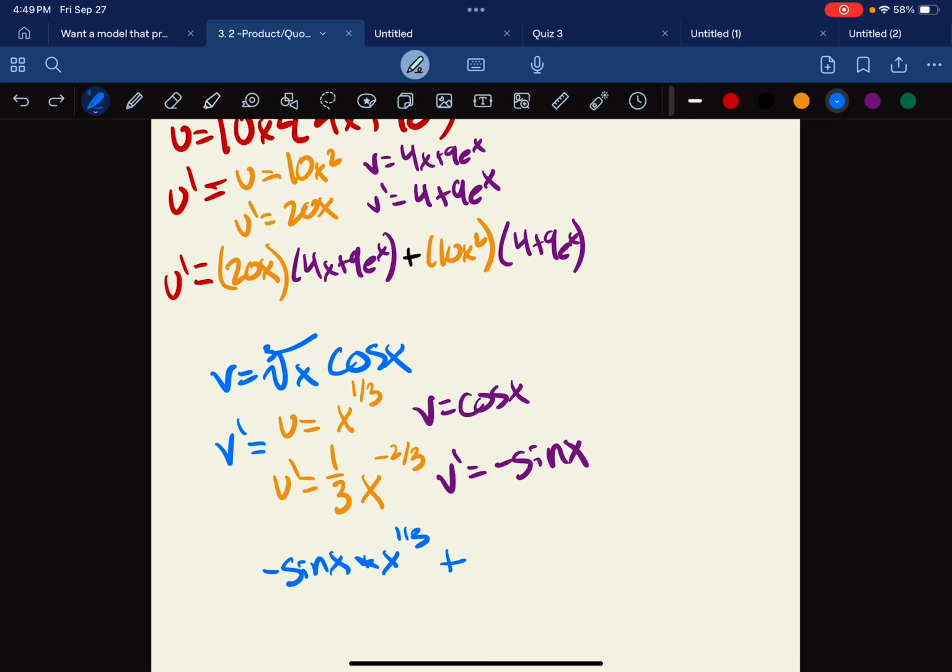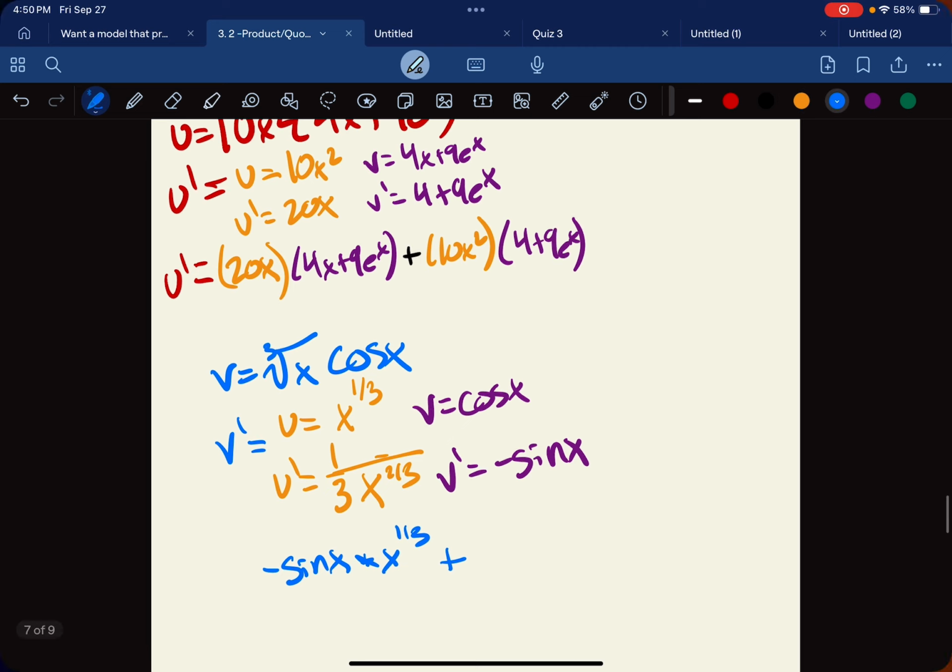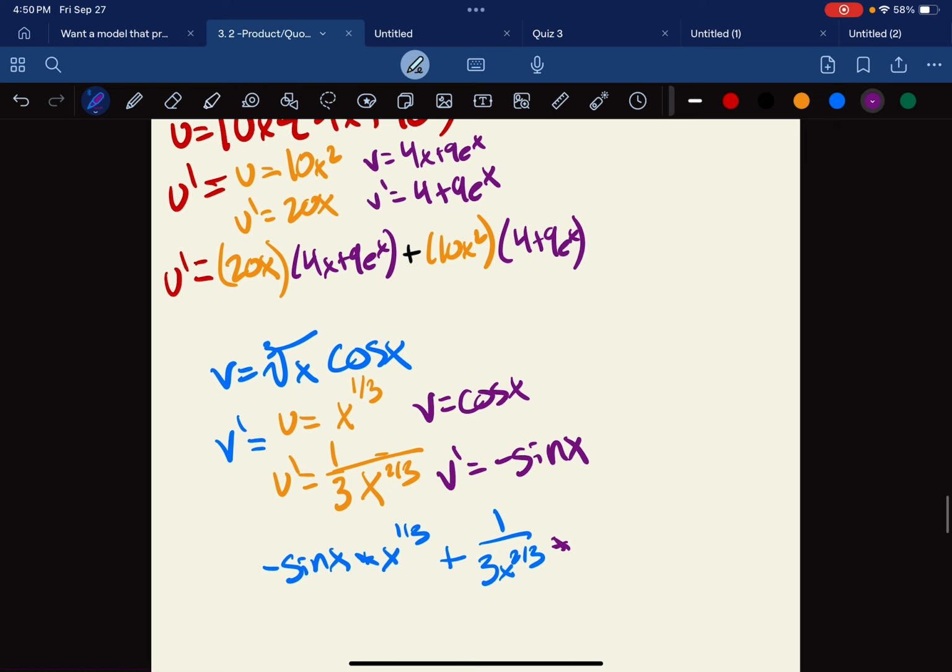And just take the negative exponent away. So if we extend this denominator like this, we have that. So plus 1/3 x to the 2/3 times cosine x. Oh, and then, yeah. So that would be what we would get here. So that's our v prime.